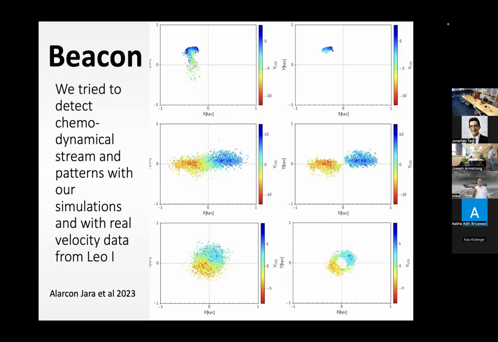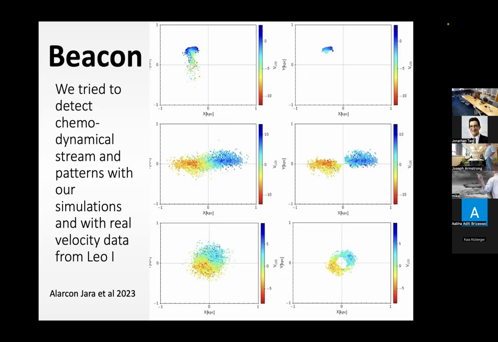The thing is, as we are not doing star formation or any hydrodynamics in our simulations, we don't have metallicities.